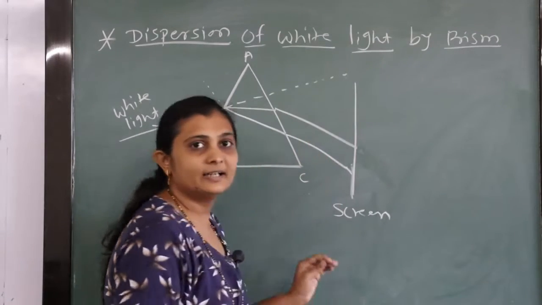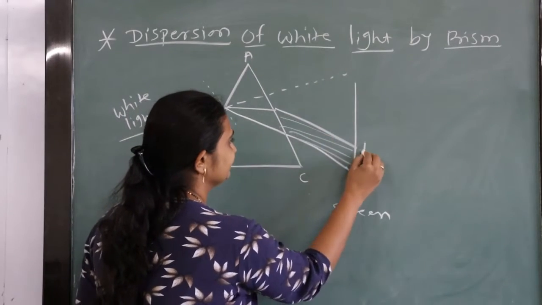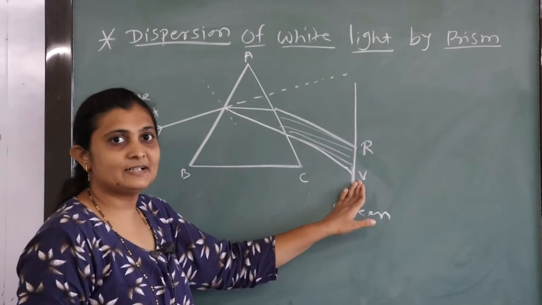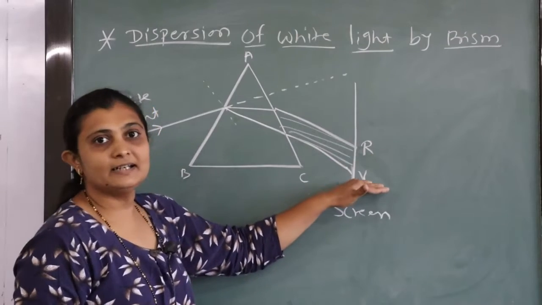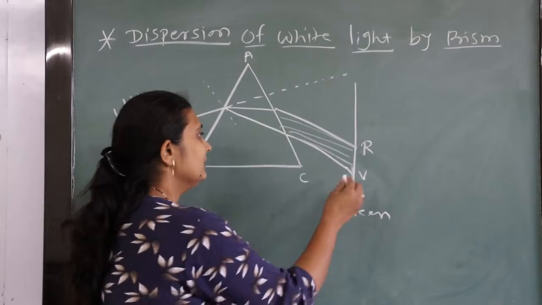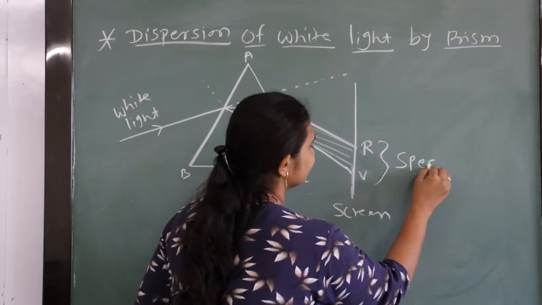Then on this screen you get the band of 7 colors, red to violet. We will see the names of these 7 colors afterward, but red color is upper side and violet color is downside. This band of 7 colors is called spectrum.